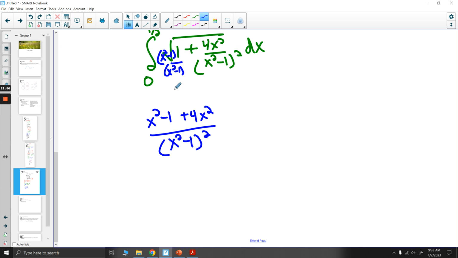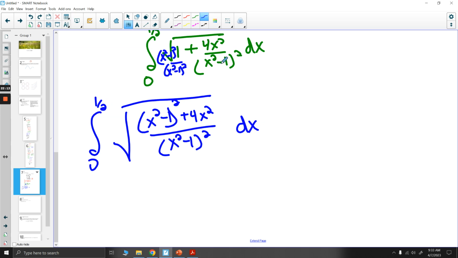I didn't do that correctly. You need an x squared minus 1 squared. So we have an x squared minus 1 squared plus 4x squared. That's better. Okay. Square root, integral from 0 to 1/2 dx.